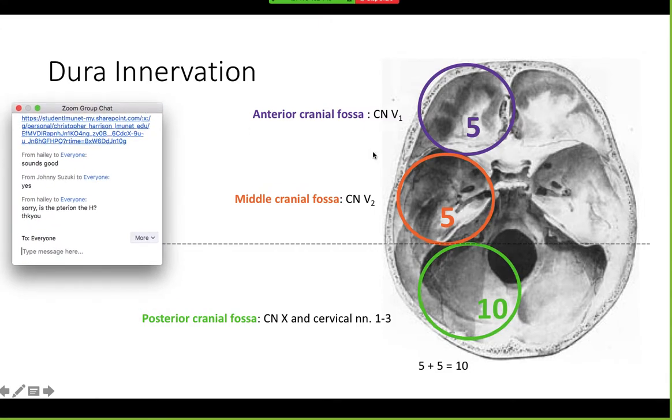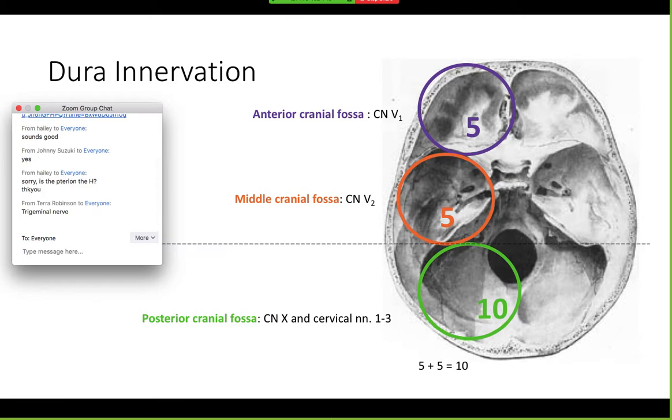So you want to have an idea about the innervation of the dura. The anterior cranial fossa is innervated by meningeal branches from cranial nerve V1. When I say V1, what am I referring to specifically? Right, the trigeminal nerve, the ophthalmic branch.